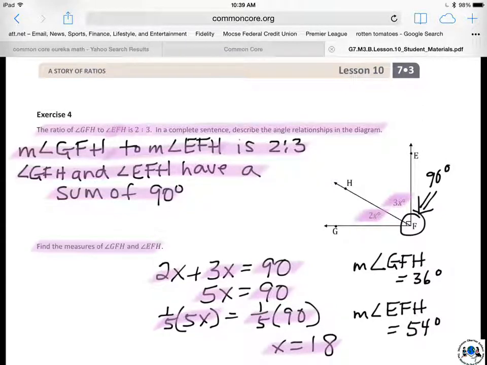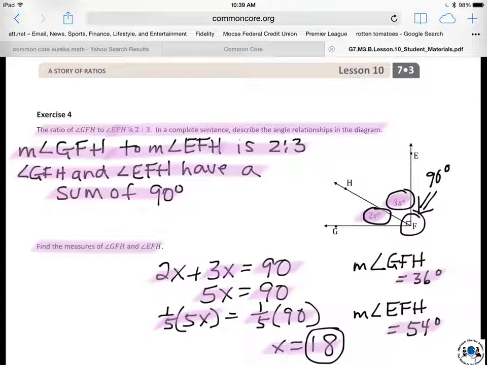I'm going to apply that 18 by substituting it into 2x and 3x. So GFH right here is 36 degrees because it is 2x, so 2 times 18. And then EFH is 54 degrees because it is 3 times 18, which is 54.